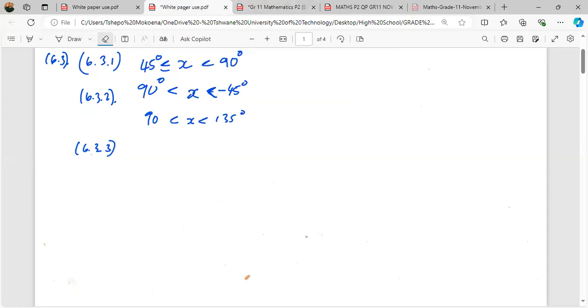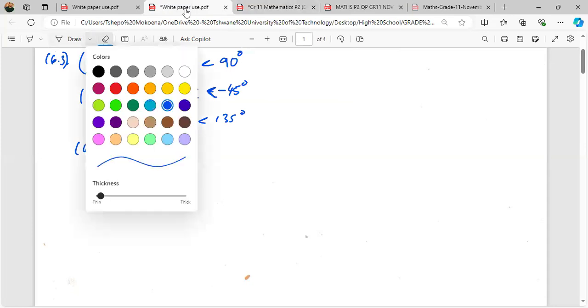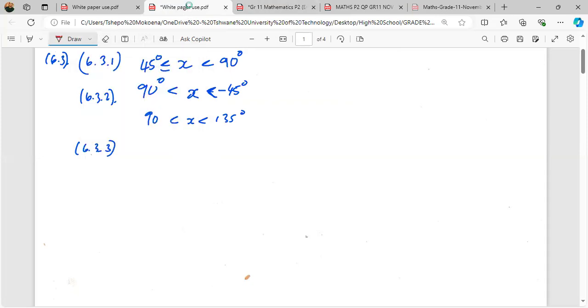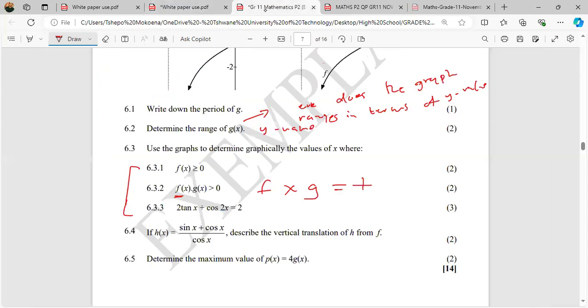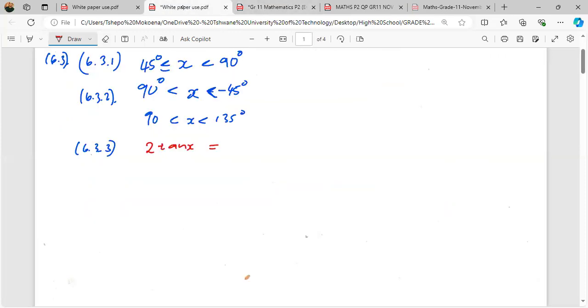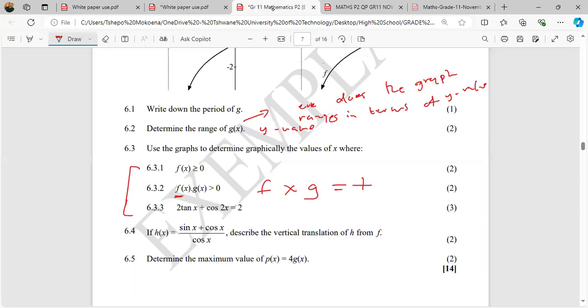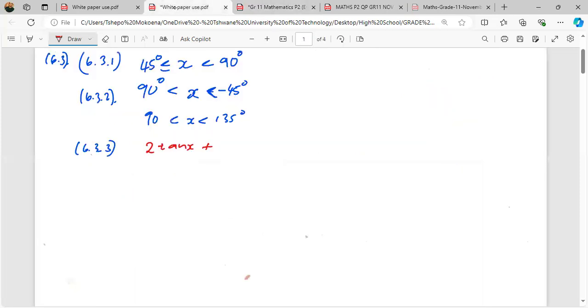It's not the part of the answer, just showing you what you need to do when you get here. We have what? 2 tan x is equals to what? Is equals to cos 2x. Oh, plus. Here we have plus sign, plus what? Forgot again. Cos 2x plus 2.